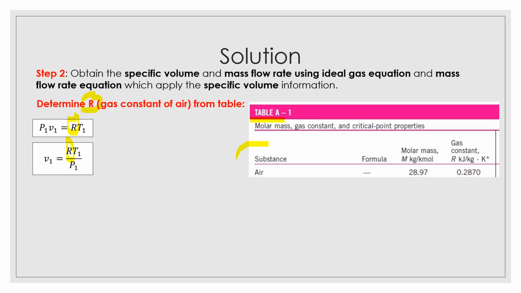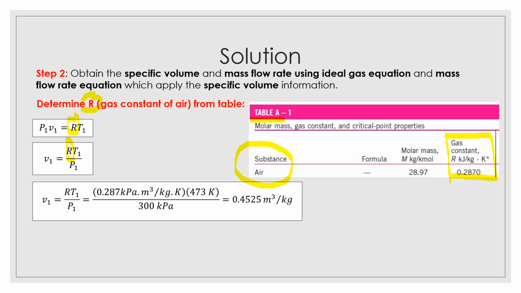We look for the substance air, since the question asks for air, and go straight to the table for the gas constant R in kJ per kilogram Kelvin, which is 0.287, and then we just insert all the information.